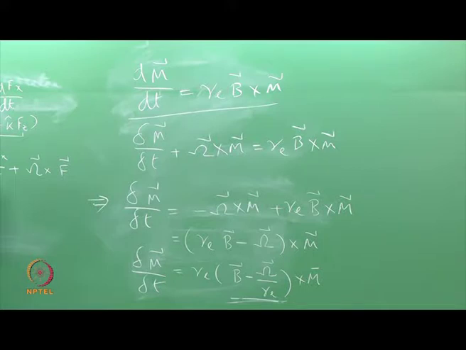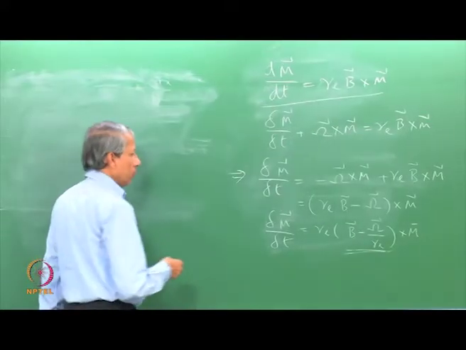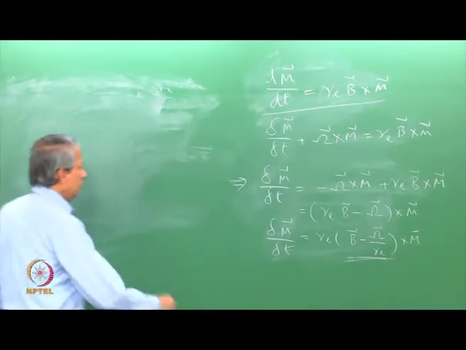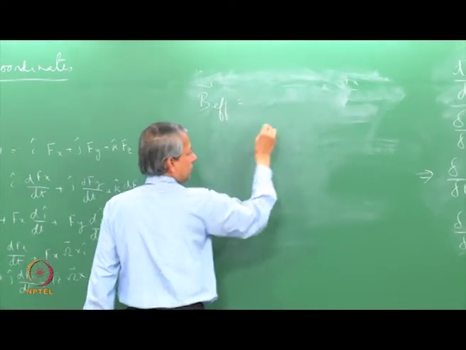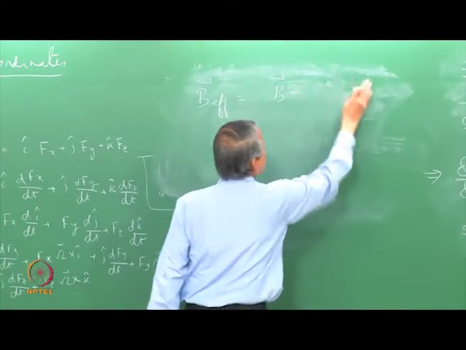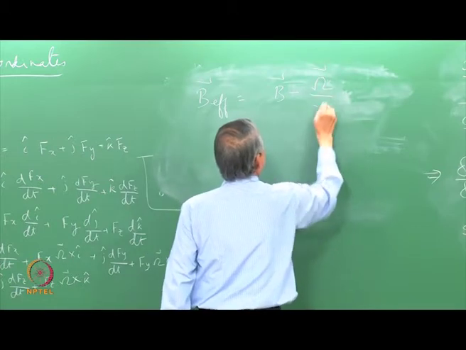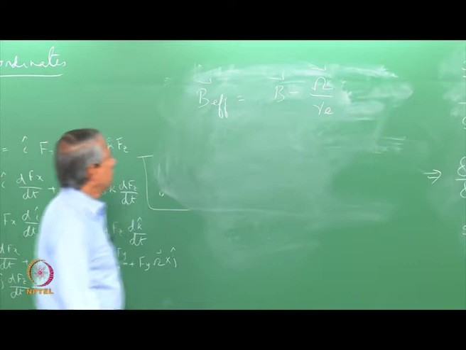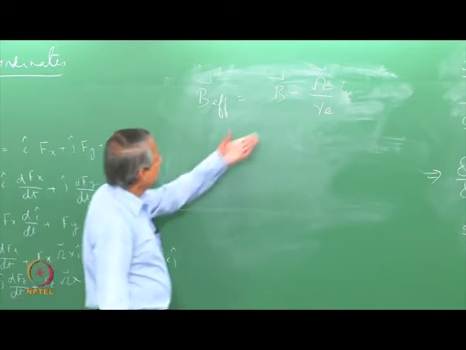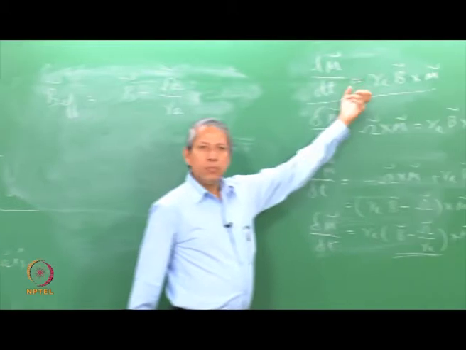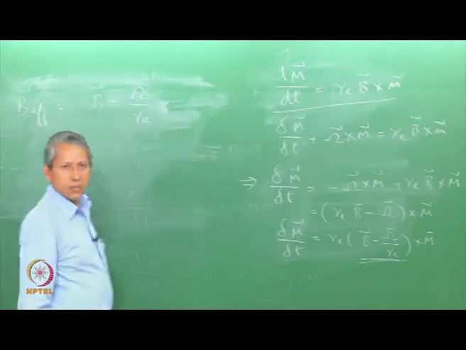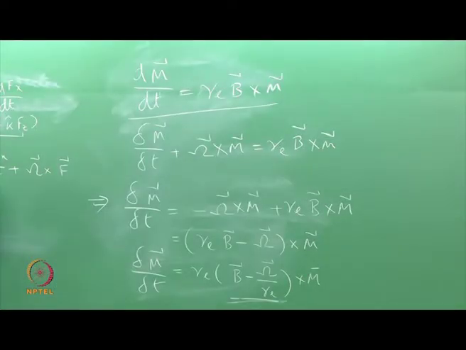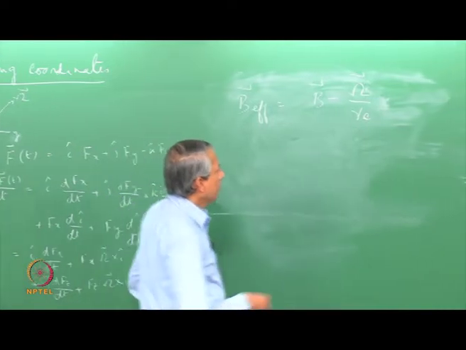So, when the coordinate system rotates with an angular velocity omega, the effective magnetic field becomes this. And then I can use essentially the same type of time dependence as in the static coordinate system. So, with this now you see how easy it is to visualize the motion of this magnetization in a magnetic field.